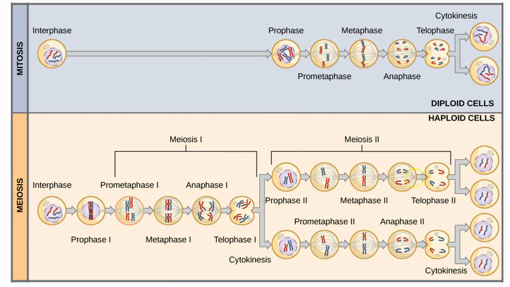Now, the second question about why these cells are non-identical, there's a couple of different reasons. The first one is that depending on which chromosome lines up side by side, when they pull apart, it's going to be really different results. So like in this picture, you're seeing that the blue one is on this side and the red one is on this side.